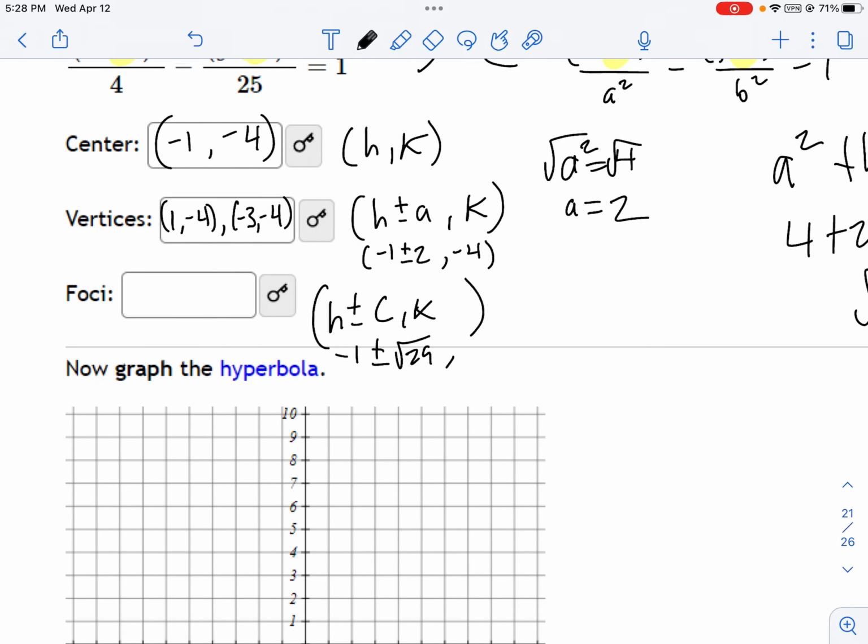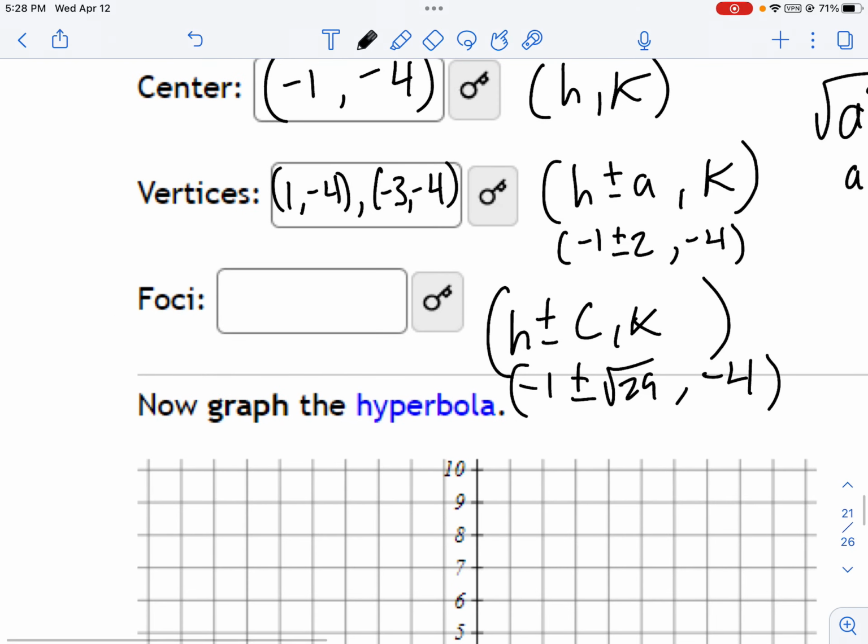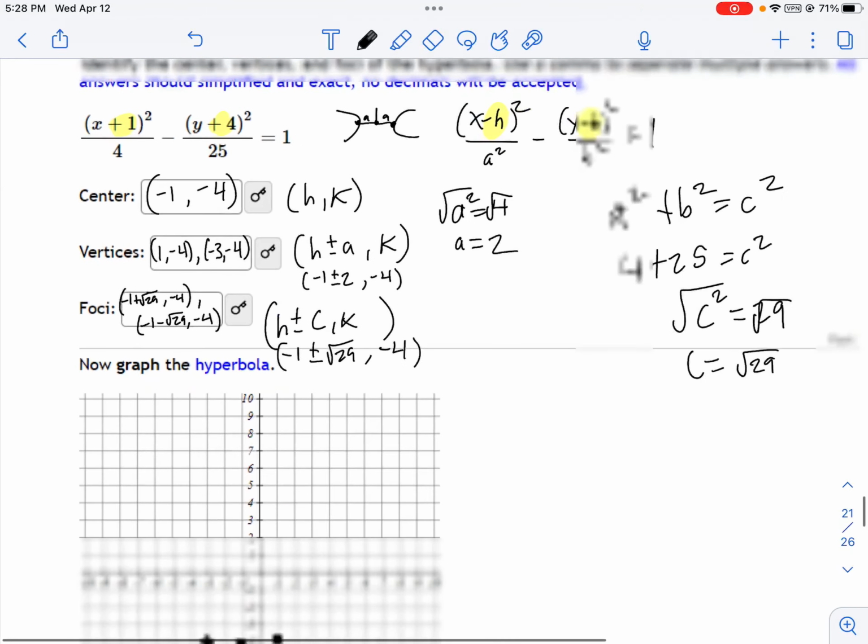And then comma k is still negative 4. There you have it. Right? So all we do from there is now we just got to write those out as two separate coordinate points. So we have negative 1 plus square root 29, comma negative 4. Right? And then you'll use a comma because it's a list, negative 1 minus square root 29, comma negative 4.